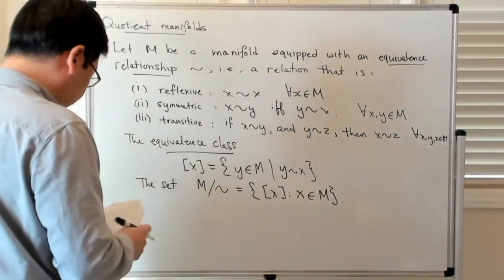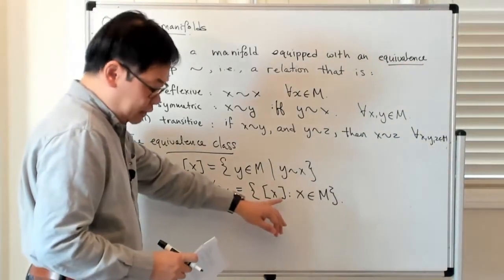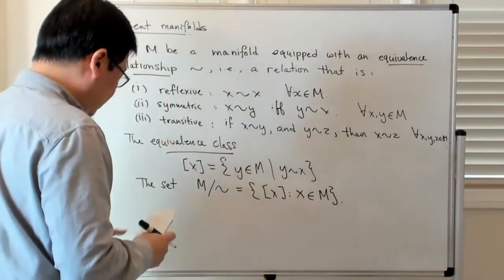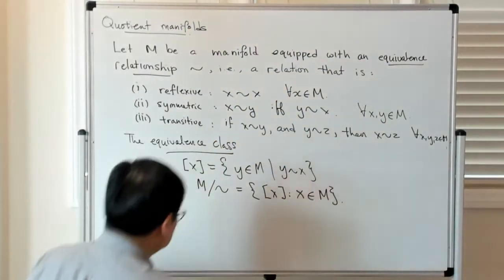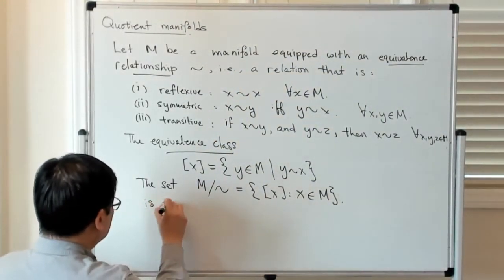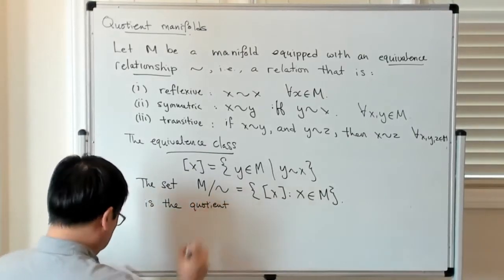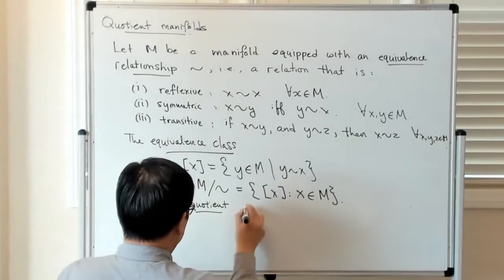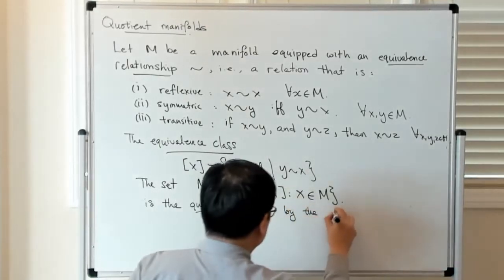If you just look at this set of equivalence classes, then we say that that is the quotient of M by the equivalence relationship.